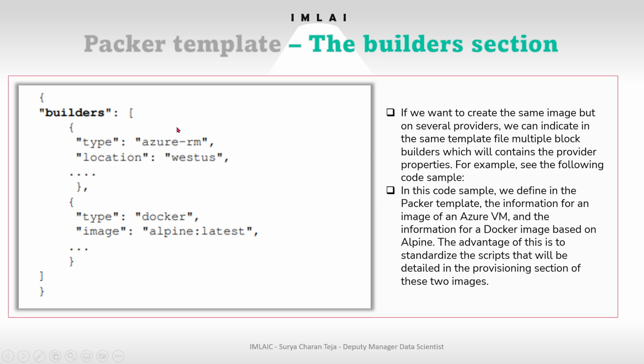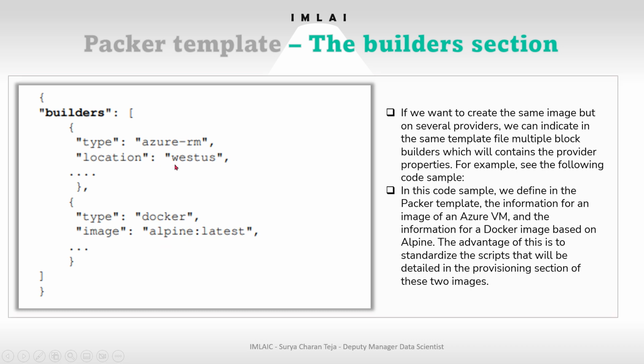Here we have mentioned two builders. The builders section is an object, and inside it you have two builders. The first one is Azure RM and the second one is of Docker type. The location is Vestas, and the image that you have mentioned is Alpine latest.